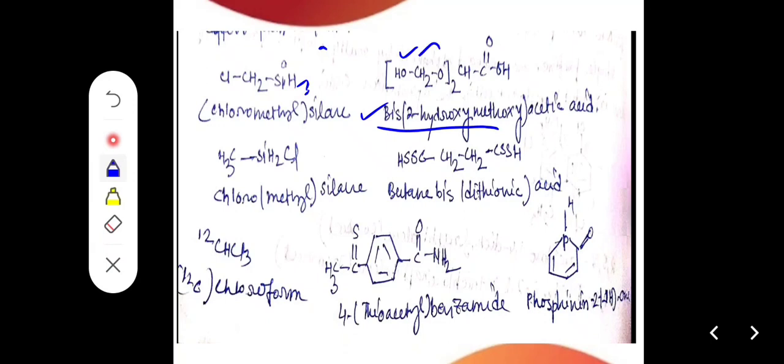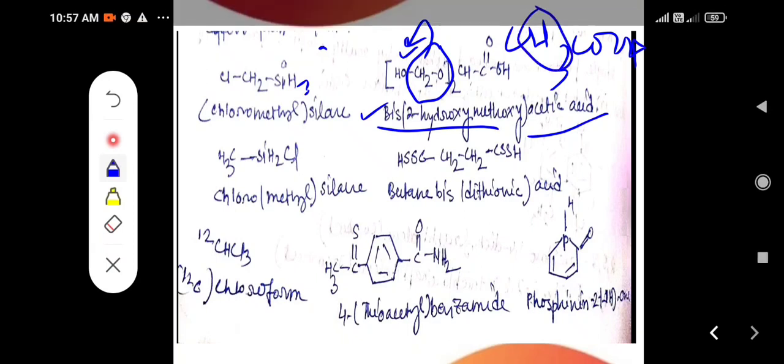If we consider the OCH2 group, it is nothing but a methoxy group, and at that position OH is attached, so we term it 2-hydroxymethoxy. It is acetic acid because it is a derivative of acetic acid, CH3COOH. Two hydrogens are replaced by 2-hydroxymethoxy groups, so we say bis(2-hydroxymethoxy)acetic acid. Bis is a prefix to denote that the 2-hydroxymethoxy unit is present two times in the structure of acetic acid by replacement of two hydrogens.